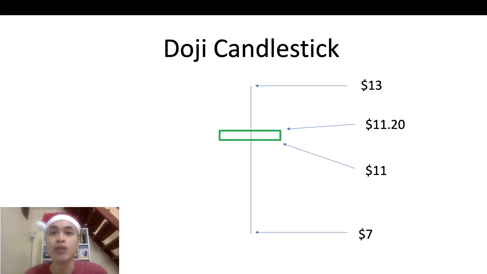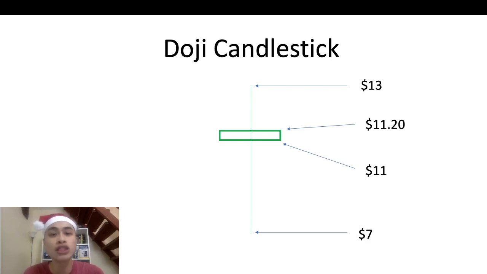So what does it mean when a Doji candlestick appears in our candlestick chart? If a Doji candlestick appears, it usually means that the existing trend might be reversing. Check out my video on technical analysis for beginners where I go more in depth about the different types of trends and how to determine a trend.